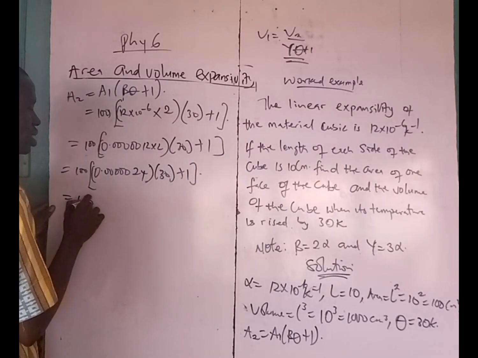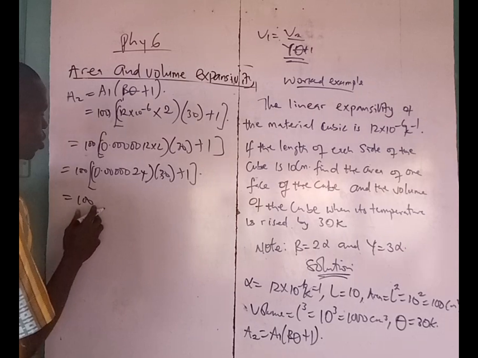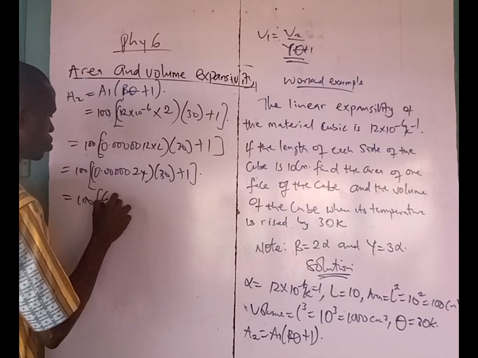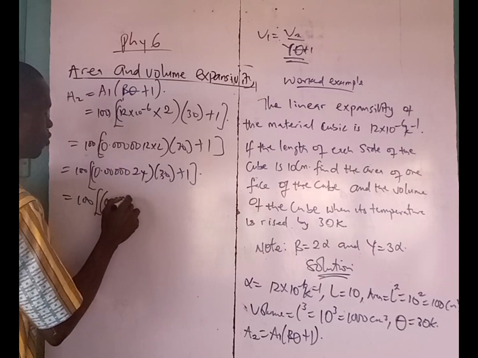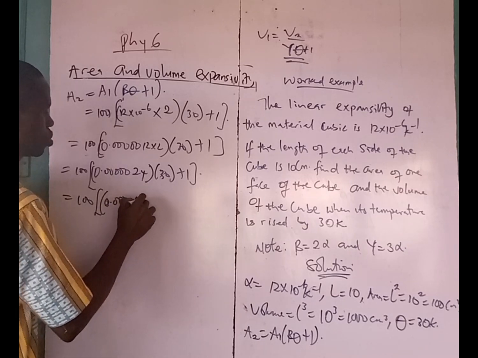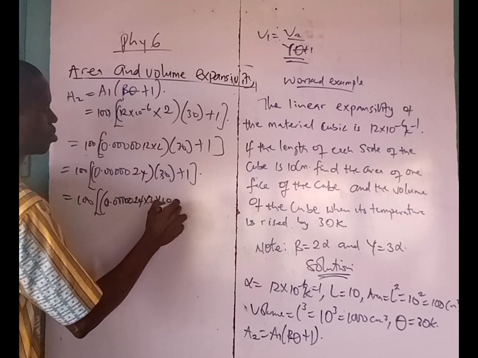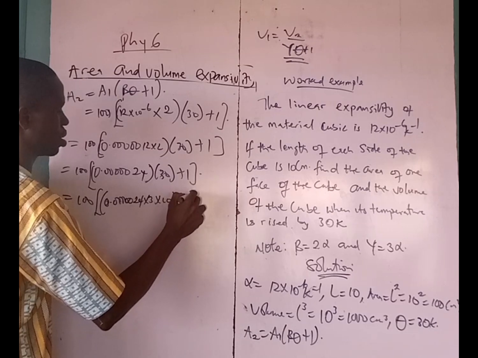So that will be 100 into this times 30, that will give us times 3 times 10 plus 1.